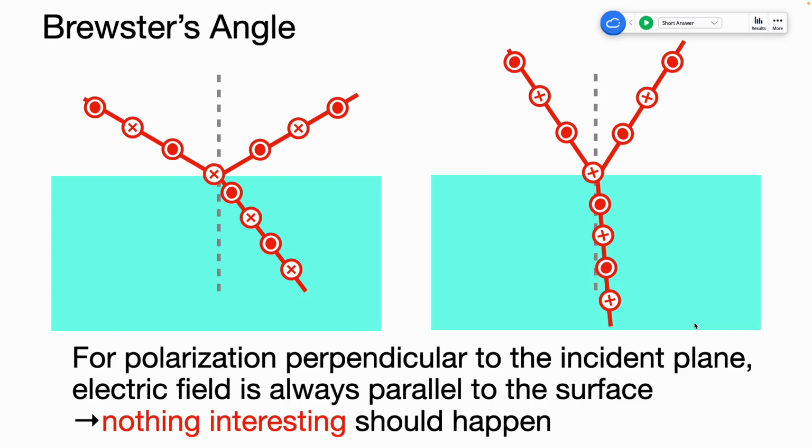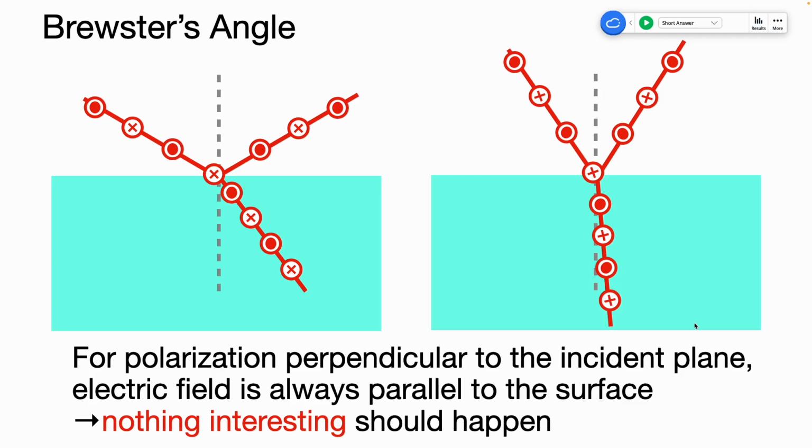If I change the angle, it's still rubbing the surface horizontally. No matter what angle I incident my light ray at, the electric field is always rubbing the water surface horizontally. So nothing interesting will happen because the way that the electric field rubs the surface is always the same.